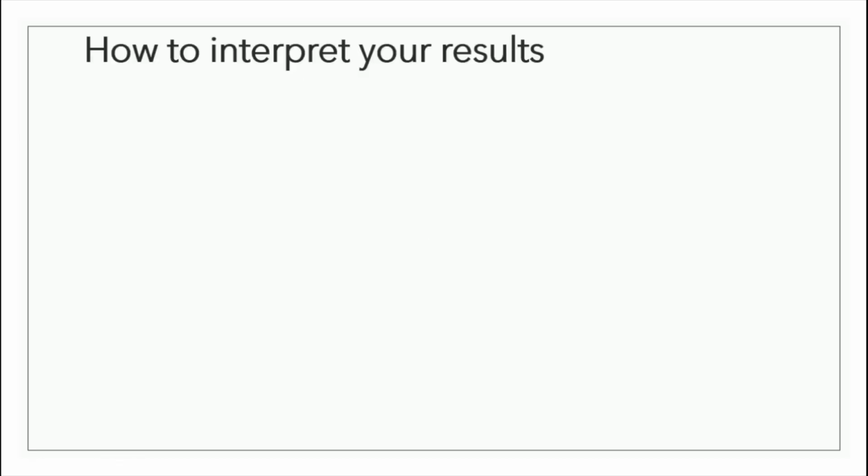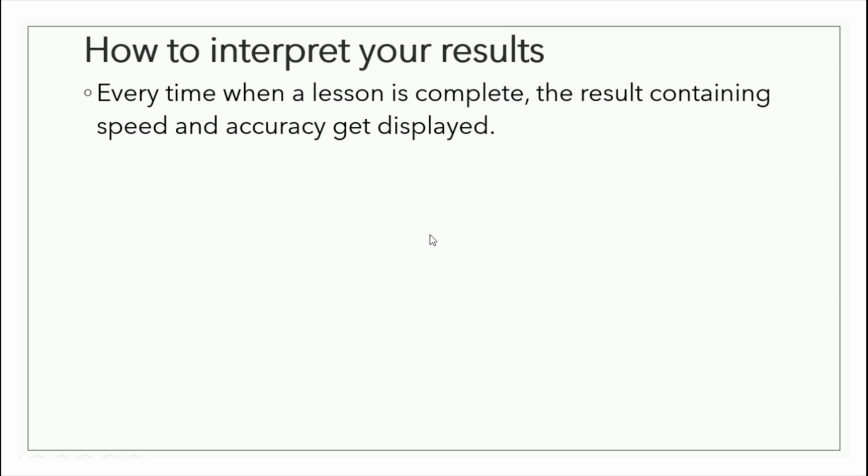How to interpret your results. Before this, there is a topic where it is explained how you are going to proceed step by step to achieve accuracy. That will be covered tomorrow in the lesson.